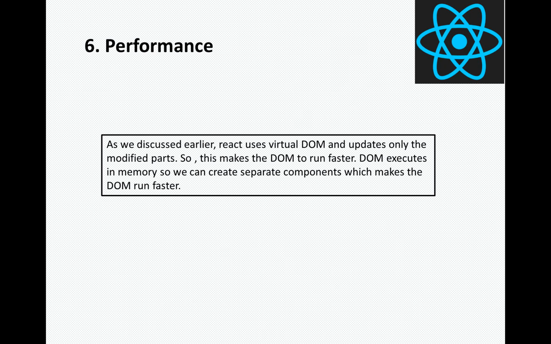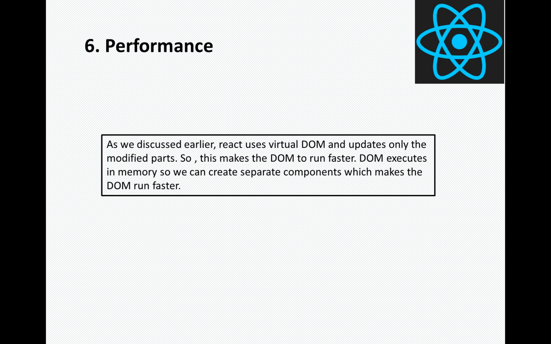And then performance, of course, as we discussed, it is virtual DOM, and it updates only the modified part. Let's suppose you have a big hierarchy: root node, parent, child, grandchild, and then further tree structure. Now virtual DOM is on one cell. If you make any changes, only that cell will render, so only the modified part is rendered.